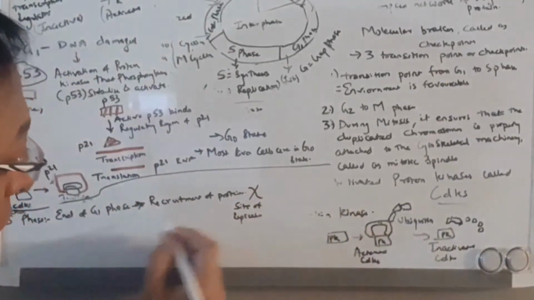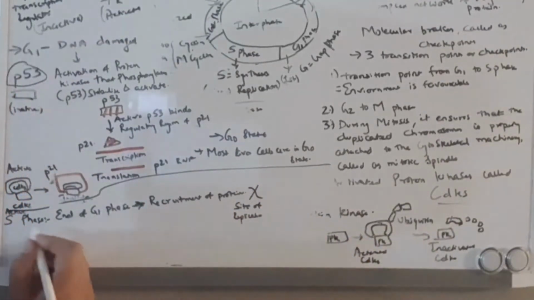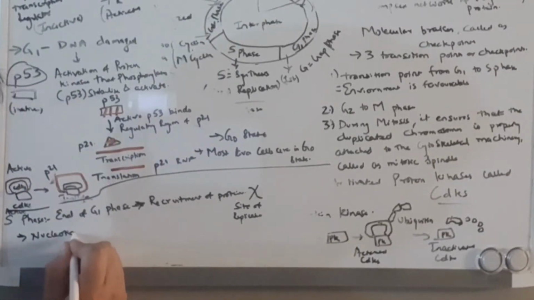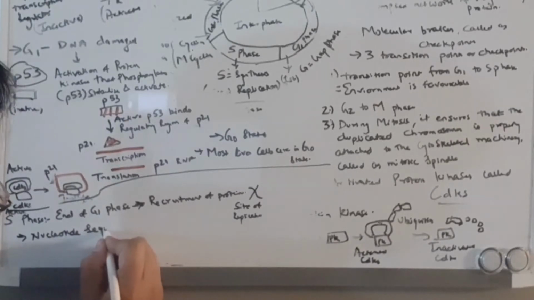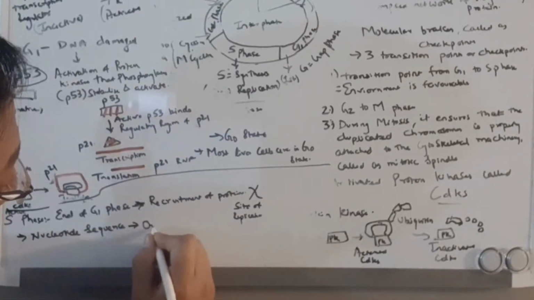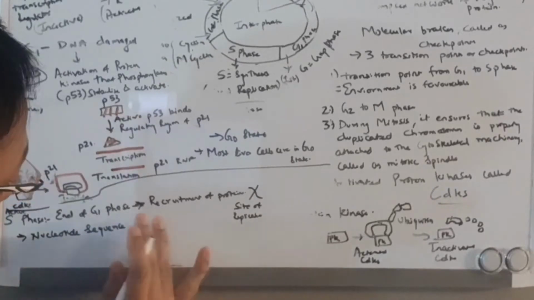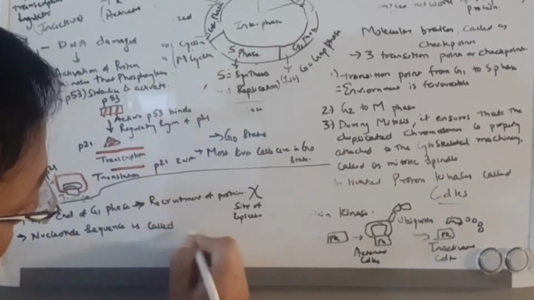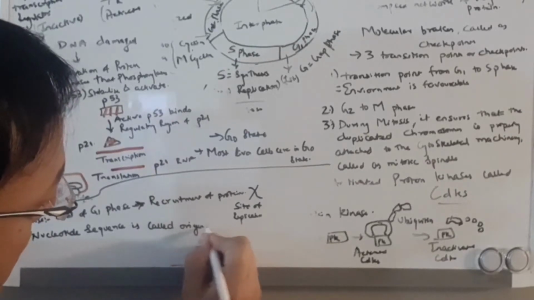So what is it called? The recruitment of protein at a nucleotide sequence, and this nucleotide sequence is called the origin of replication.